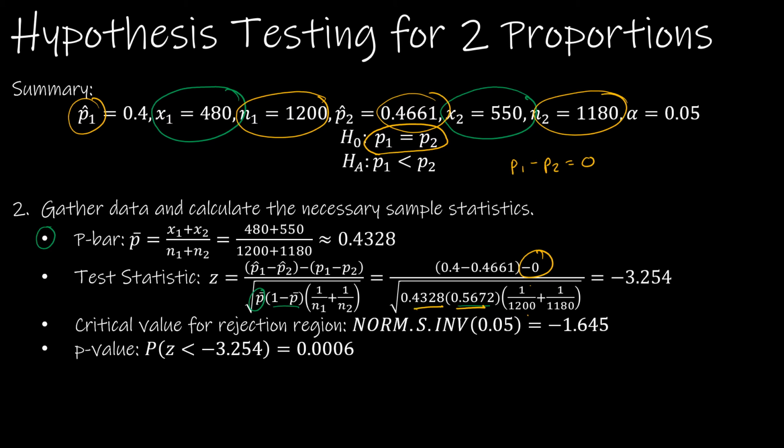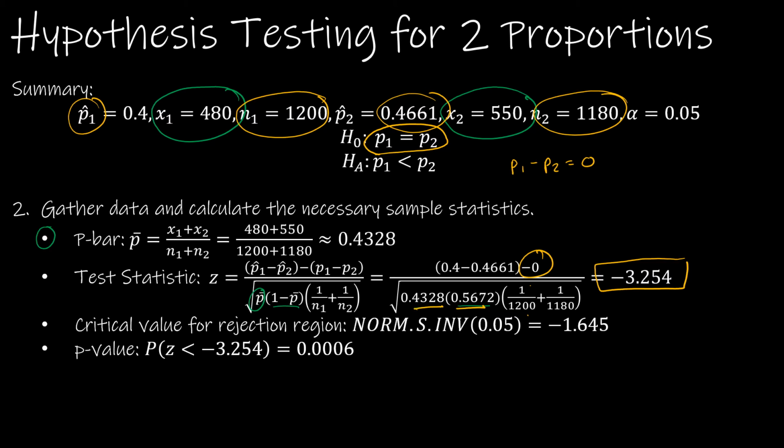Don't try to find a lot of values and round in the middle of calculations. That's why I'm stressing to use Excel, so that you don't round in the middle, because you should end up with negative 3.254. Same critical value that we've always used, same p-value that we've always used.